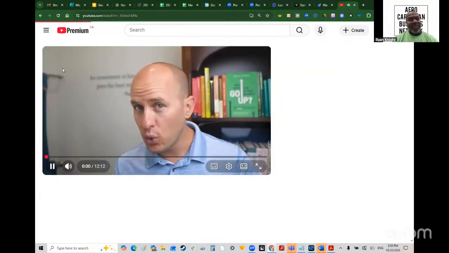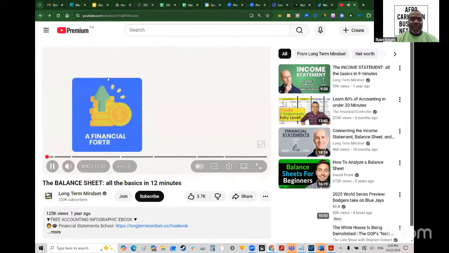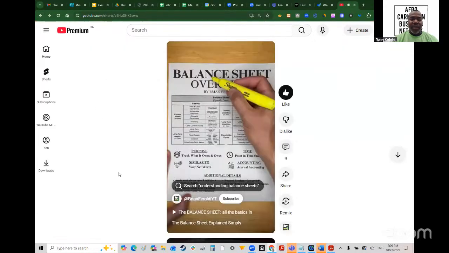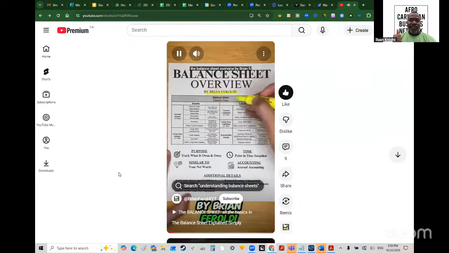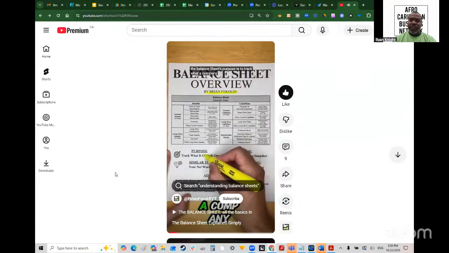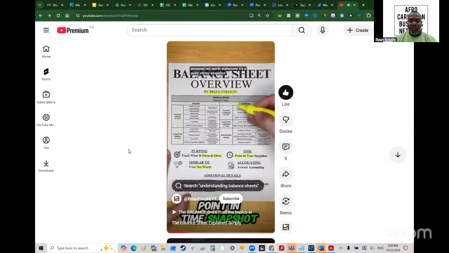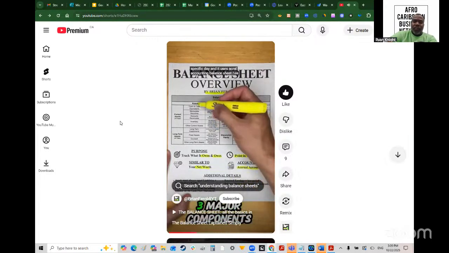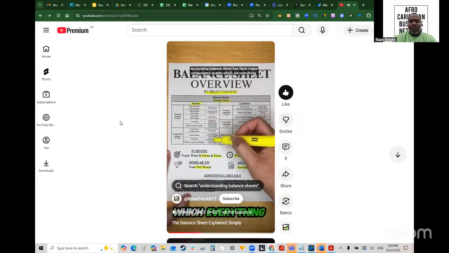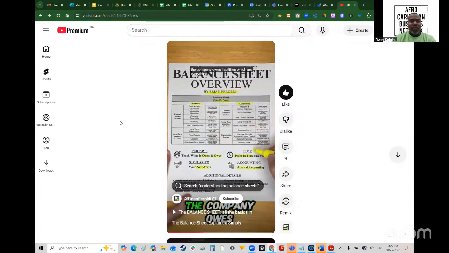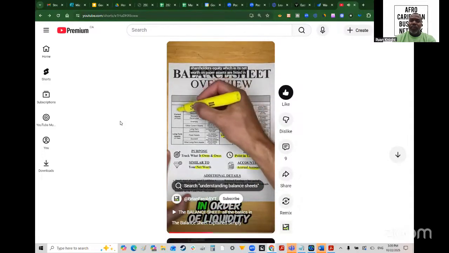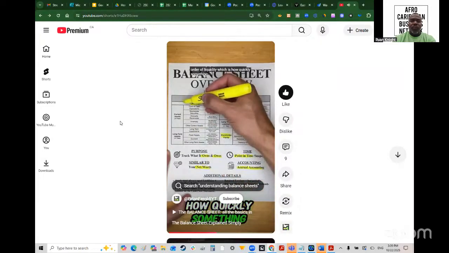Imagine if you could quickly tell if a company was a financial fortress or on the verge of collapse. The Balance Sheet Overview by Brian Feroldi. The balance sheet's purpose is to track what a company owns and what it owes to others. It's kind of like your own personal net worth statement. It's a point-in-time snapshot that's taken on a specific day, and it uses accrual accounting. The balance sheet has three major components: assets, which are everything the company owns; liabilities, which are everything the company owes; and shareholders' equity, which is its net worth on paper. Assets are listed in order of liquidity, which is how quickly something can be converted into cash.